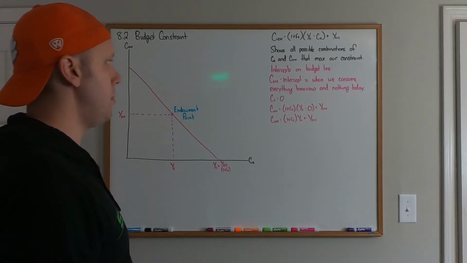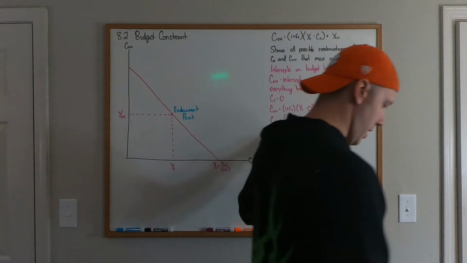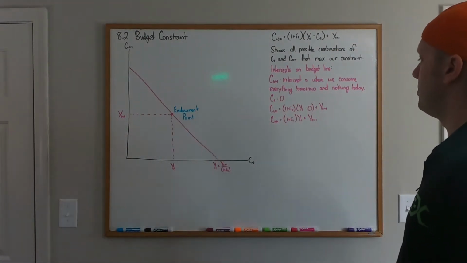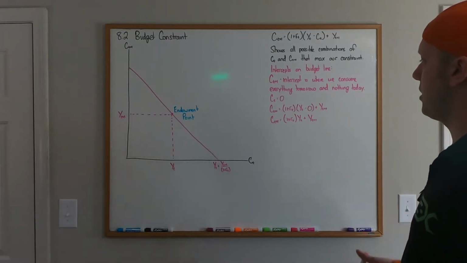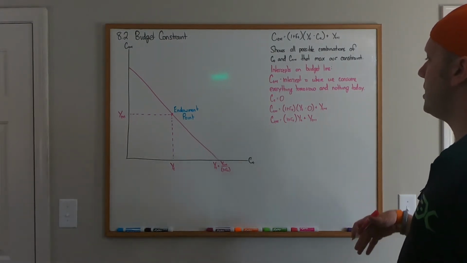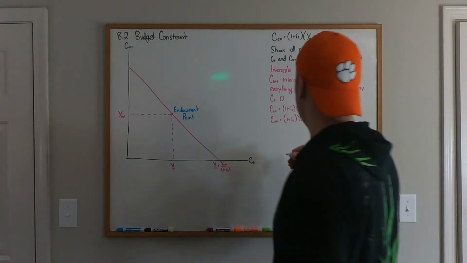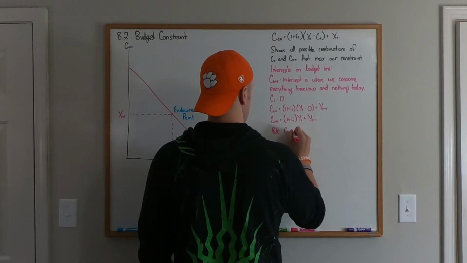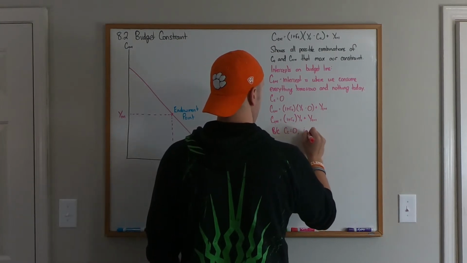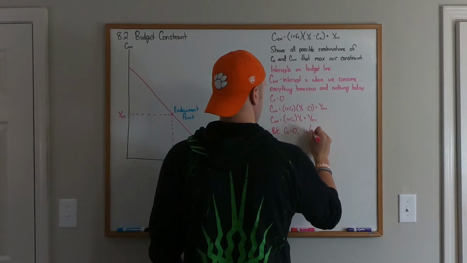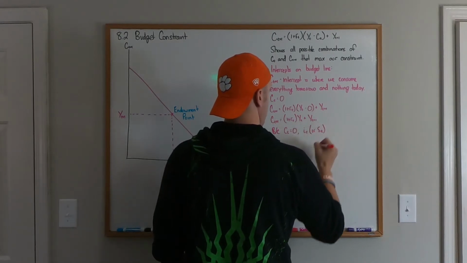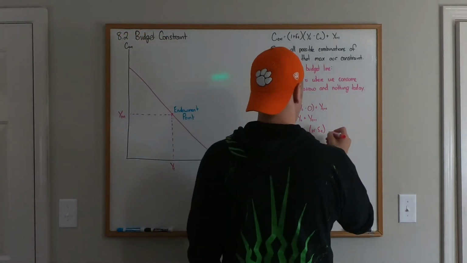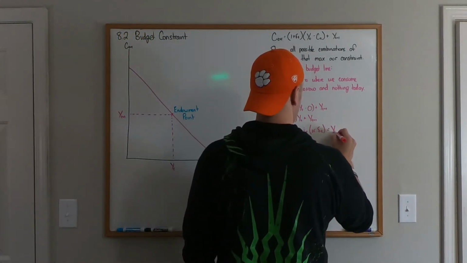So what does this mean? Well, it means I save absolutely everything of my income. All of my income gets saved in the first period. So I spend absolutely nothing. So because CT is equal to 0, then investment or savings, because the two are equal, IT or ST, is equal to YT.